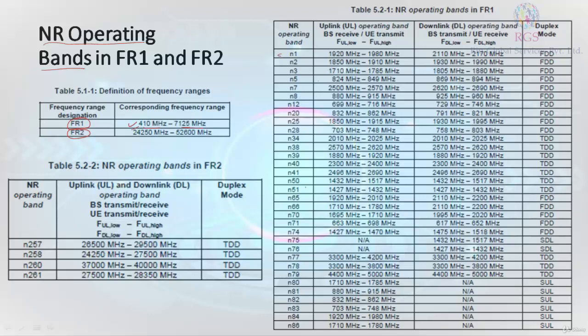So all those spectrums from the previous generations as well as new 5G spectrums will be available here. Then we have the millimeter wave range, which is FR2. These are high frequency bands with extremely high bandwidth. 5G is more or less going to operate in these frequency bands only.